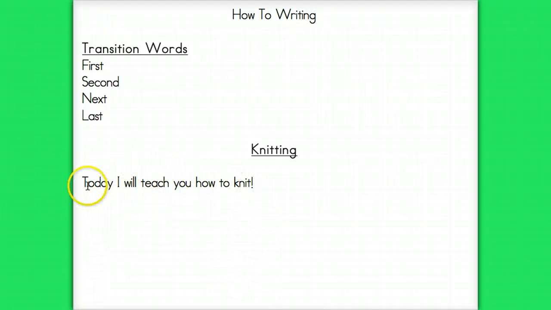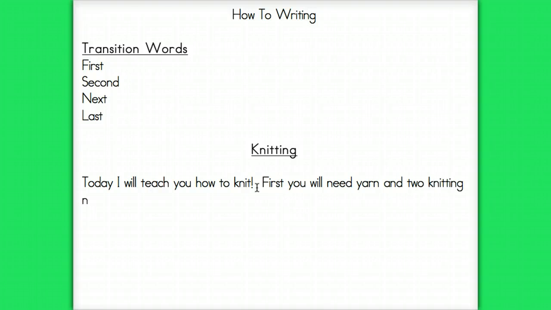So tonight when you write, I want you to write one topic sentence telling me what you're going to teach me how to do. Then you're going to use some transition words to tell me a couple steps. So first, you will need yarn and 2 knitting needles.